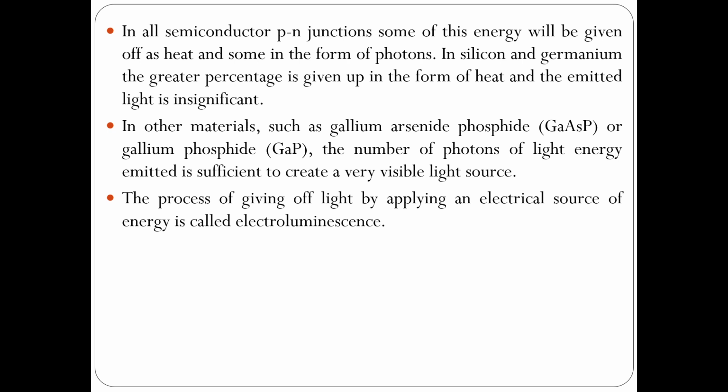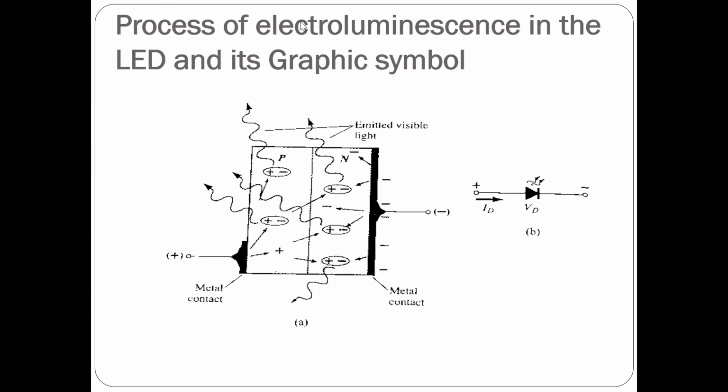In other materials such as gallium arsenide phosphide or gallium phosphide, the number of photons of light energy emitted is sufficient to create a very visible light source. The process of giving off light by applying an electrical source of energy is called electroluminescence.